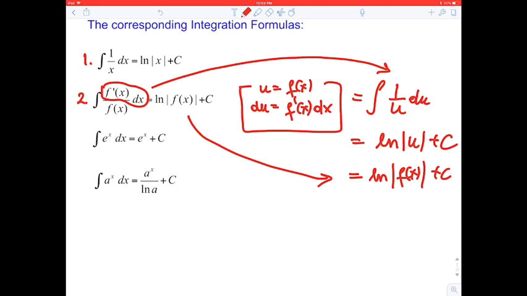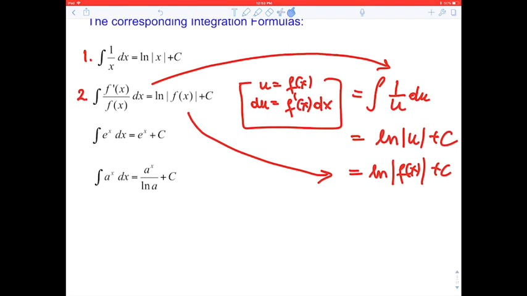It's worth remembering that if we have a rational function with f of x in the denominator and f prime in the numerator, then the whole integral is simply ln of the function from the denominator.